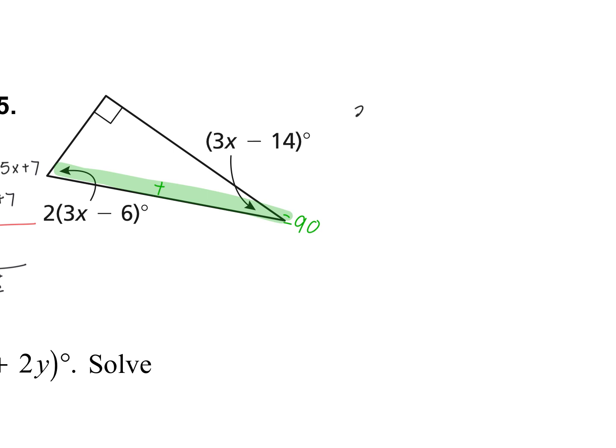So I'm going to write it as 3x minus 6 plus 3x minus 14 equals 90. Combine my like terms.